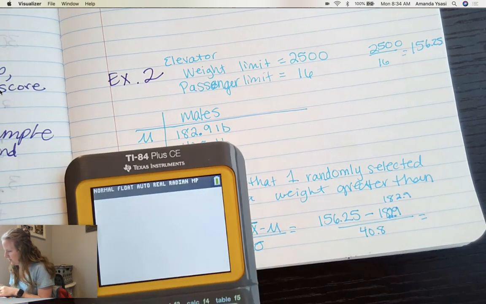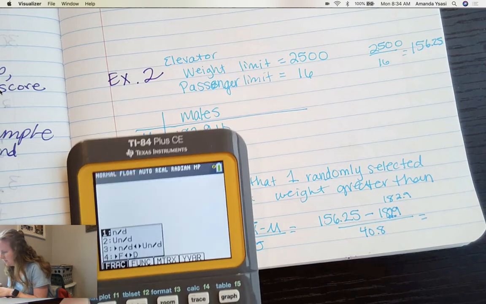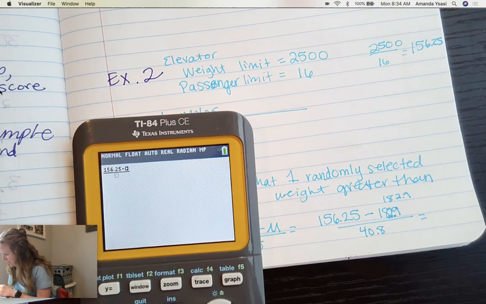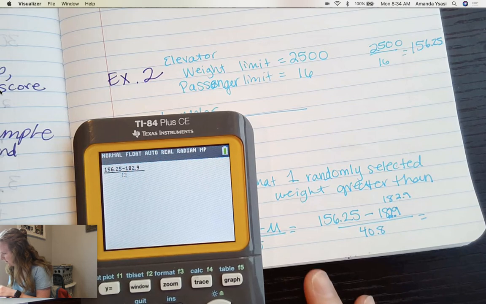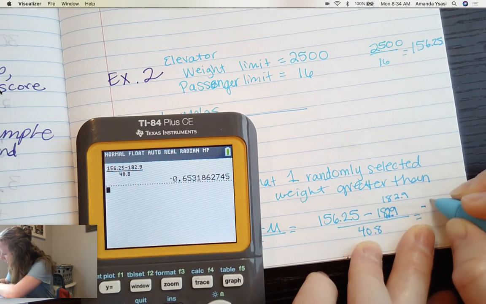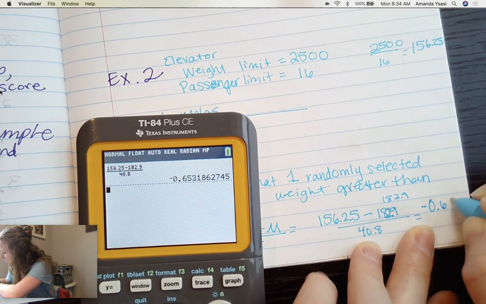So when we do that, 156.25 minus 182.9 over 40.8 is negative 0.65.